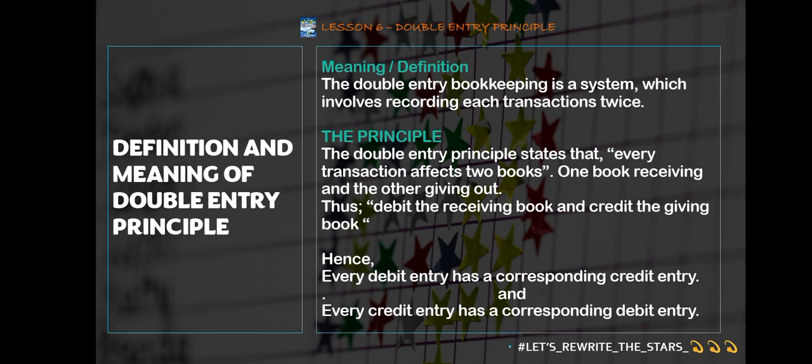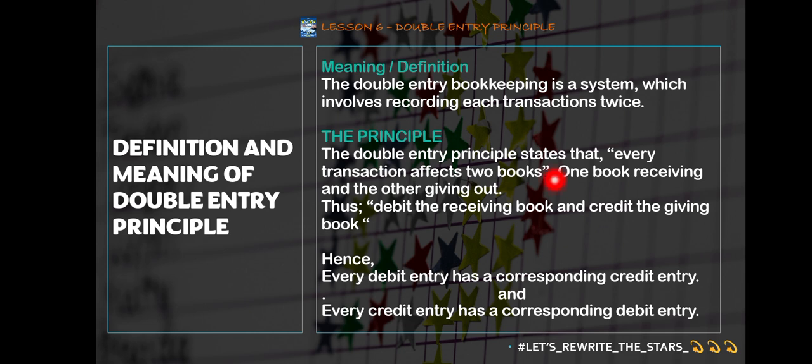Let's look at what it further says. It says that we should debit the receiving book and credit the giving book. Because there are two parties involved, where one is giving and one is receiving, when we record this transaction within our books, we should debit the receiving party and credit the giving party.